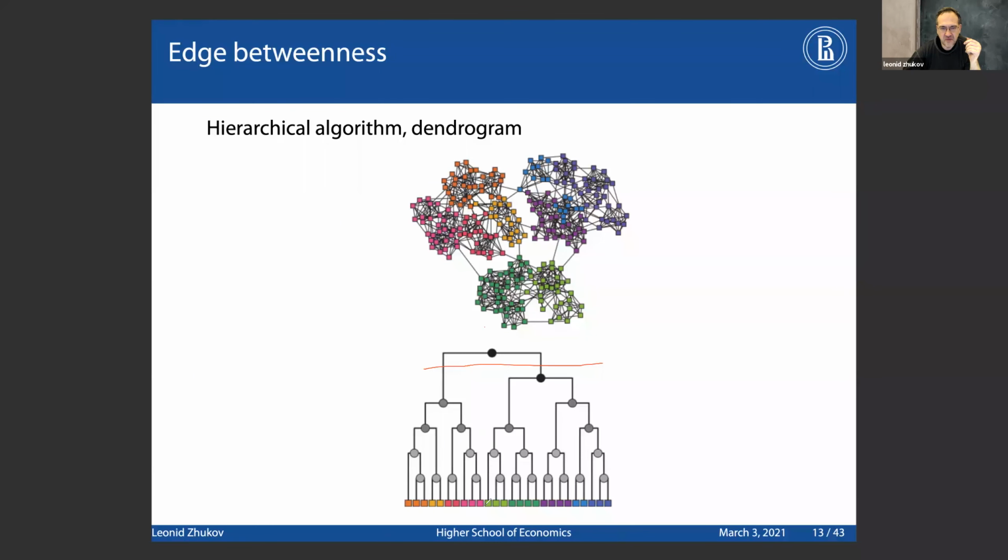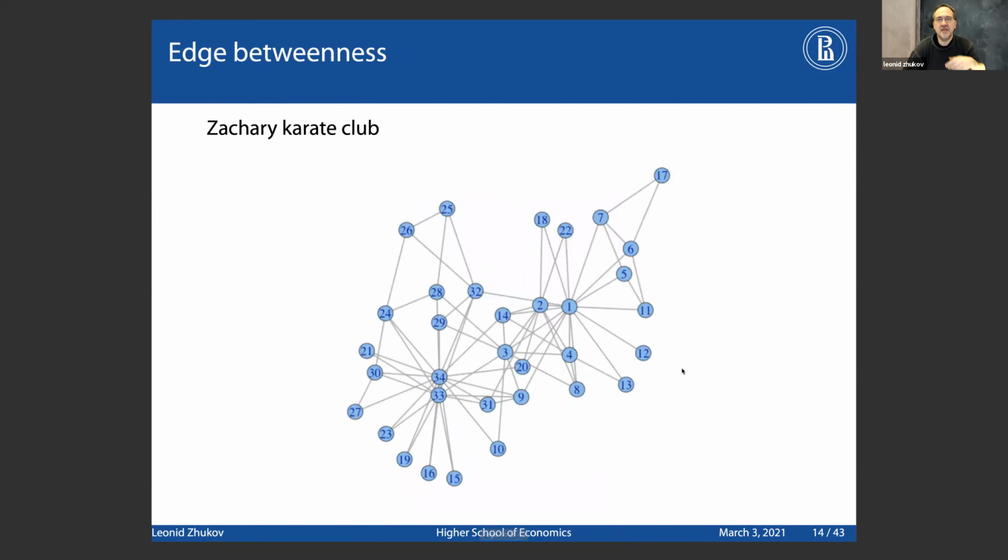The first cut here is cutting this, and then you go deeper. It splits blue and green purple. So the next cut is here, and so on. So that's the edge betweenness algorithm. Now, interestingly, to see how it actually works, this is the same graph, the Zachary Karate Club.